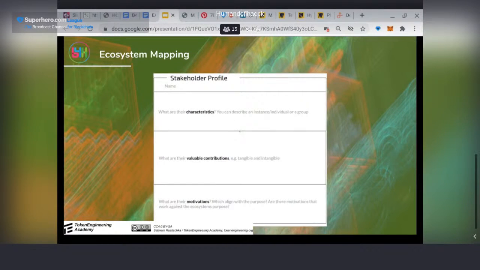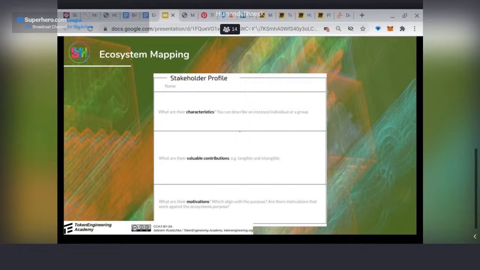Then for each one of these agents, or stakeholders, we need to profile them. Just give them a name, communicate the characteristics that define this stakeholder in particular. But more important, you need to trace what their valuable contributions are, what tangible and intangible resources they add to our system.